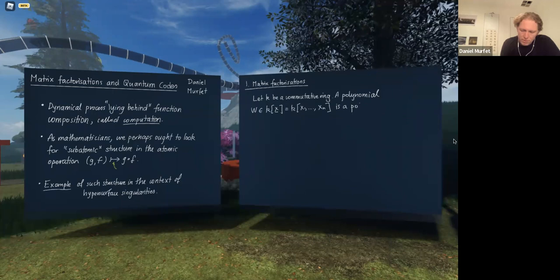And we call a polynomial a potential. The approach I'm taking here is from the theory of Landau-Ginzburg models in string theory. This is where the habit of calling this thing a potential comes from. So we call it a potential if the partial derivatives form a quasi-regular sequence.